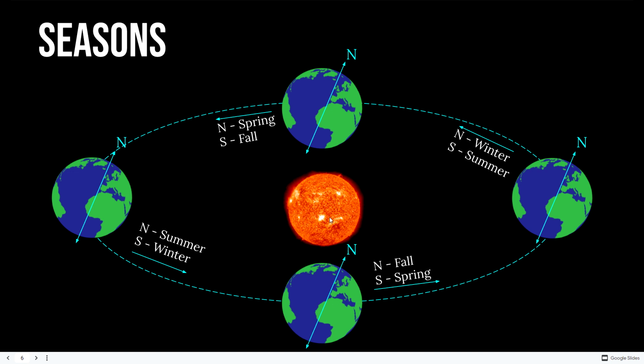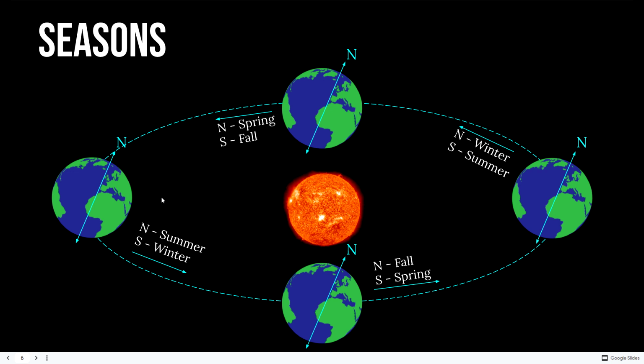So right here, you have the northern hemisphere up here, the southern hemisphere down here. Neither is directly closer to the sun. The northern hemisphere is a little bit closer. On the opposite side, the southern hemisphere is a little bit closer, but again, not directly aimed at the sun. So those are going to be our fall and spring.